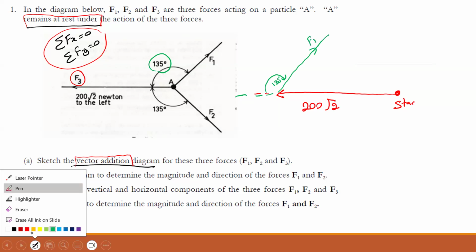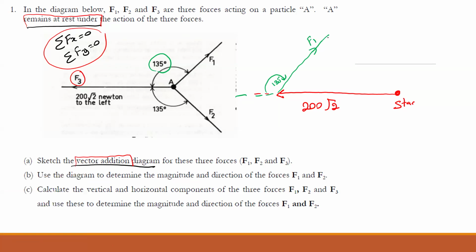And then F2 is making 130 from the horizontal axis again, like this. I need to finish at this point because the resultant is 0, so the end and the start should be at the same point. Now this is our F2. If you draw like this, that gives us the vector diagram.